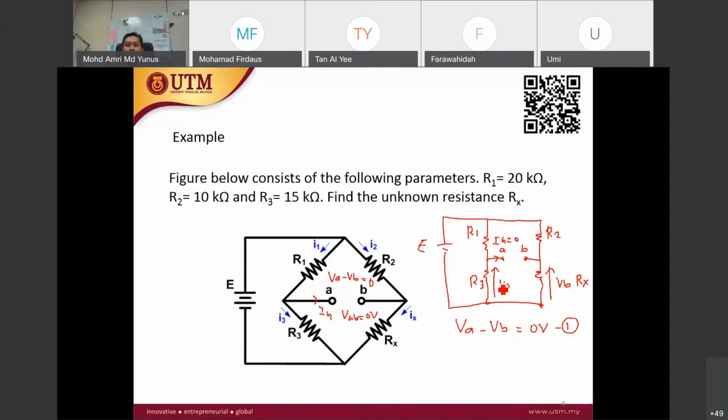So VA, we can estimate using a voltage divider.